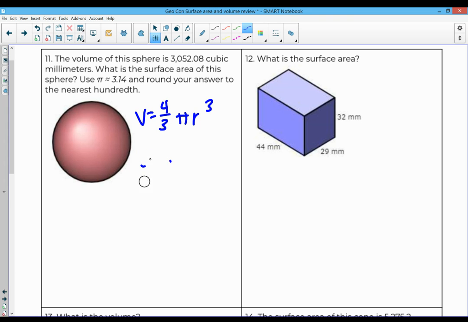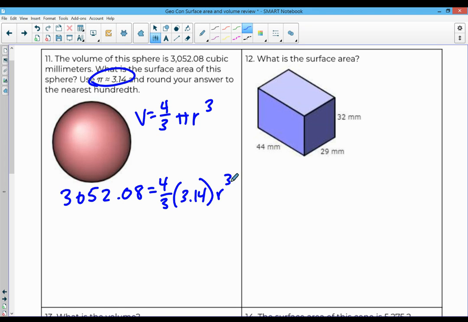Why do I keep pretending I have room? Use that approximation. Okay, so I'll plug that in, times r cubed. Okay, so I'm going to divide both sides by 4/3 times 3.14. I'll just do it in one step.